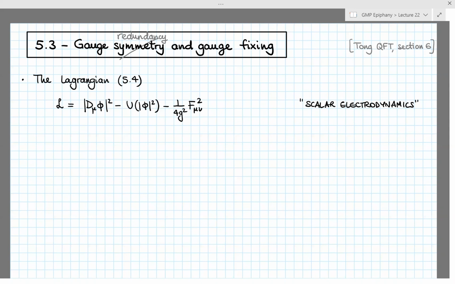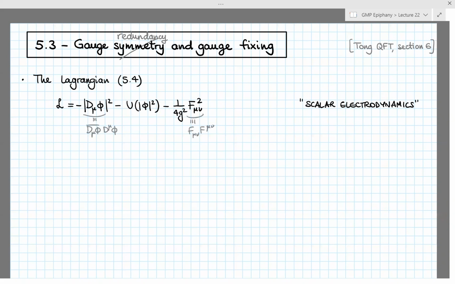And in that convention, I should put a minus sign here in front of the kinetic term to make sure that the time derivatives squared appear with a positive sign. So I've corrected the formulas of the previous lecture accordingly in the lecture notes. So we'll stick to this version of 5.4 later on.